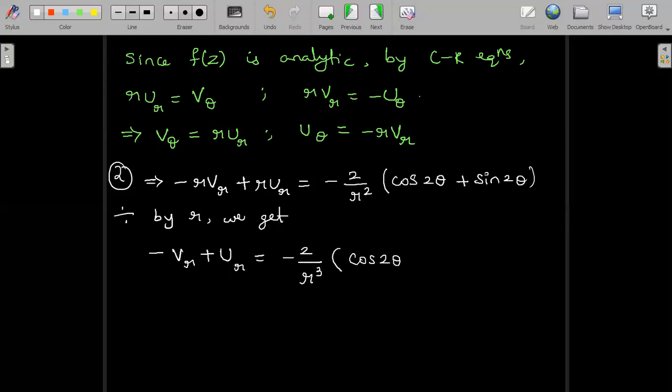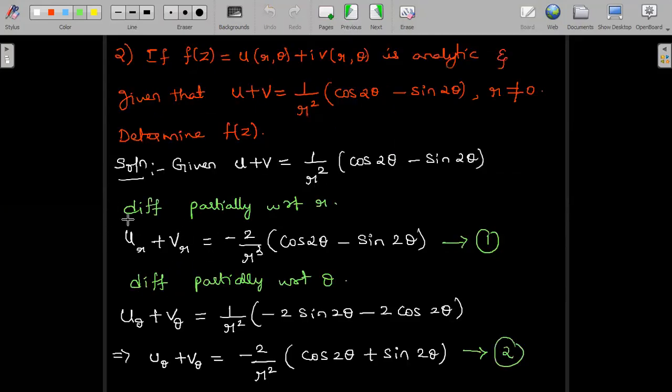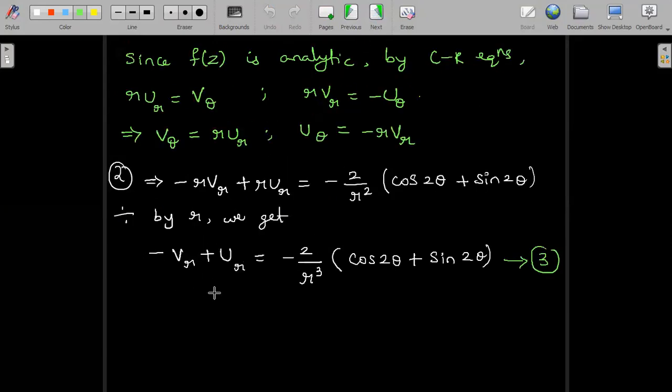This is cos 2 theta plus sin 2 theta. And let me call this equation 3. So our aim is to now solve equations 1 and 3 simultaneously. Equation 1 is also with respect to r. Left hand side you observe ur plus vr. And equation 3 just now we obtained is also with respect to vr and ur. So we can solve equations 1 and 3 simultaneously.